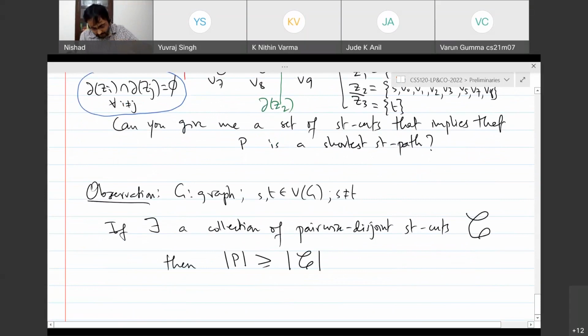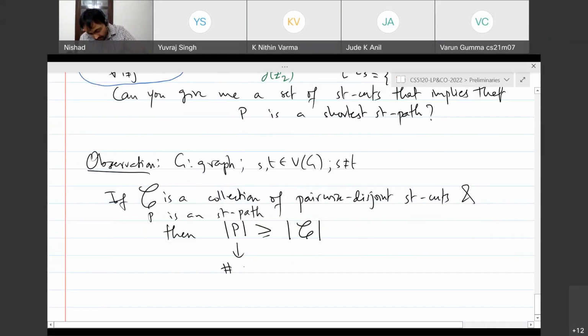In fact, let me say it differently. If script C is a collection of pairwise disjoint ST cuts and P is an ST path, then the number of edges in this ST path has to be at least as many as the cardinality of this collection, right?